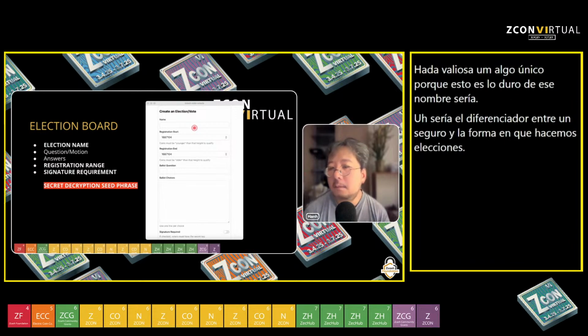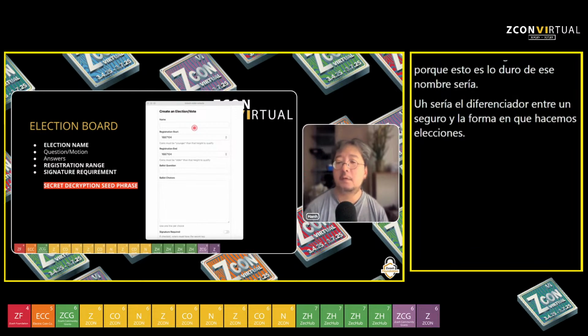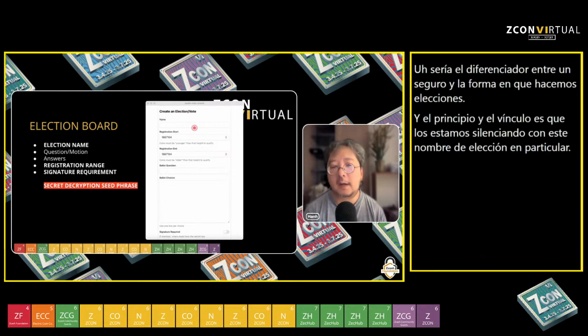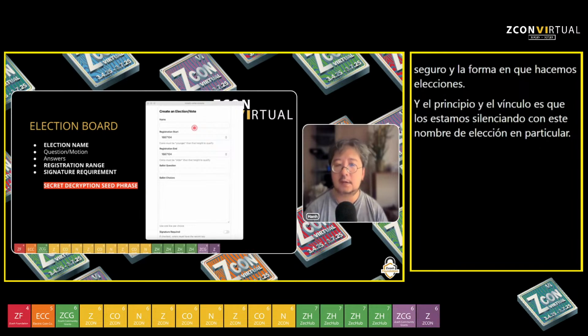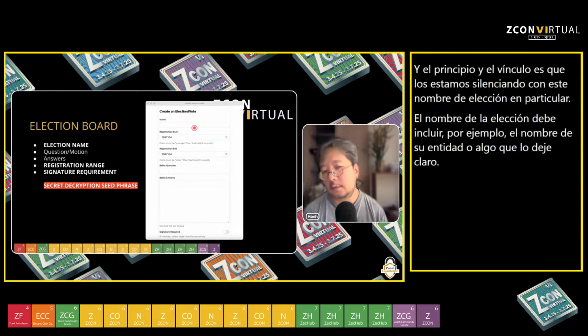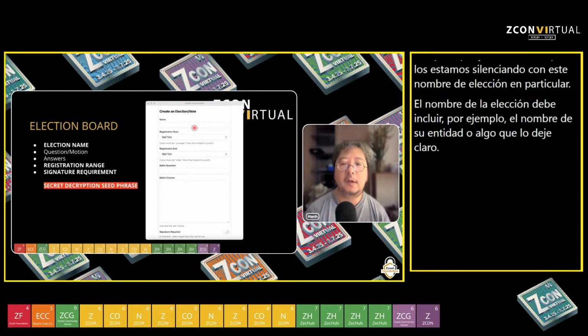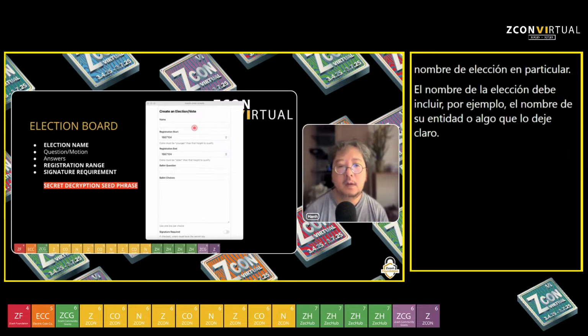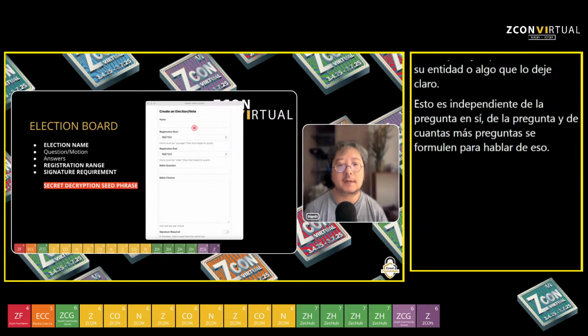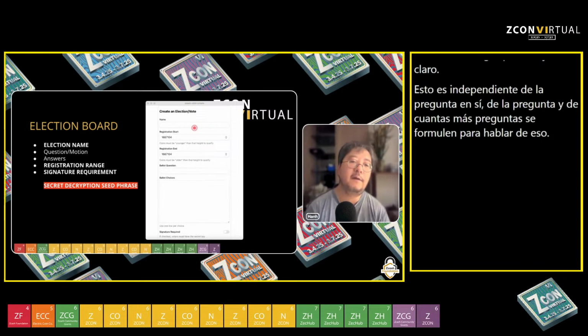So it should, for example, include the name of your entity and something that clearly establishes which election this is. This is separate from the question itself. The question or motion, what you are polling your constituents on, is not part of the hash. And then you have the list of answers.